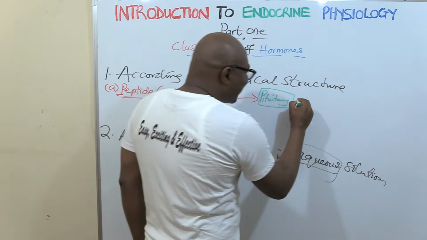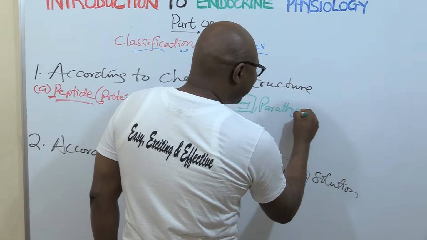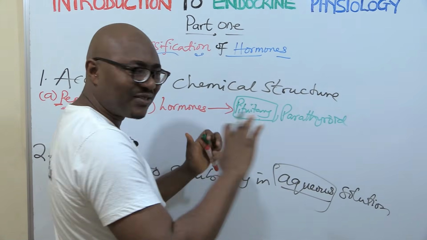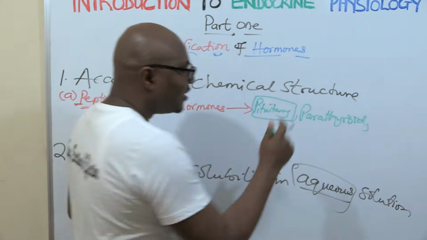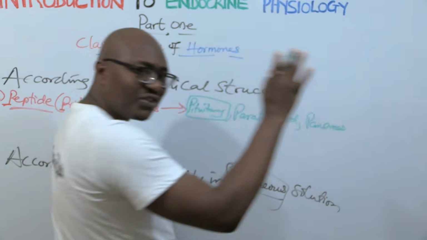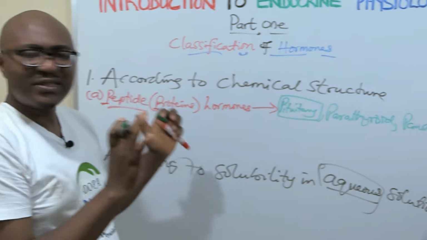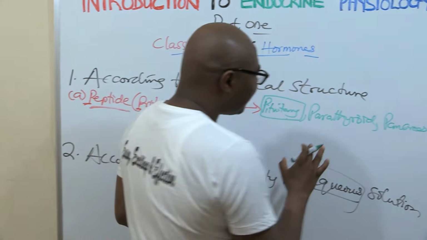Then you have parathyroid. Parathyroid hormone is also a protein peptide hormone. Then you have pancreas, that's insulin, glucagon. They are also peptide. In fact, most hormones are peptide hormones. Then which other P do we have?